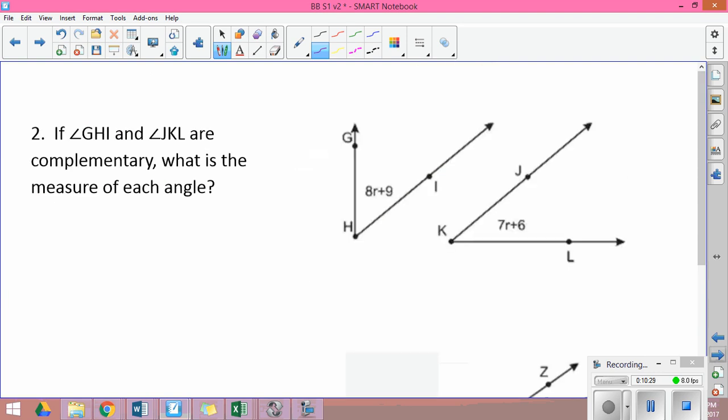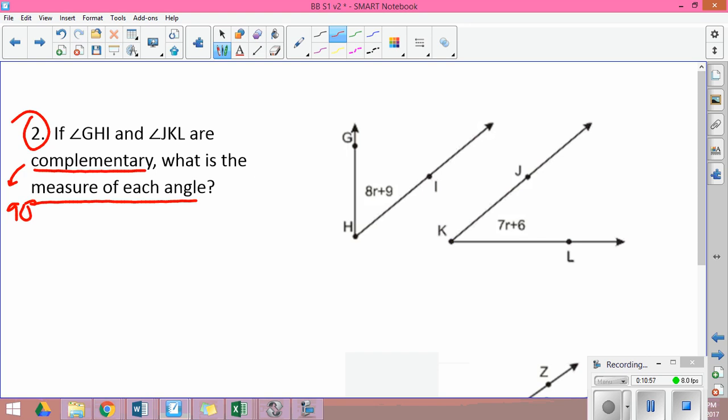So here's where we're going to get to the problem solving part of things. So, number one, read the problem. If angle GHI and JKL are complementary, what is the measure of each angle? So complementary is 90 degrees. In geometry, we always want to be going from words and pictures to equations.